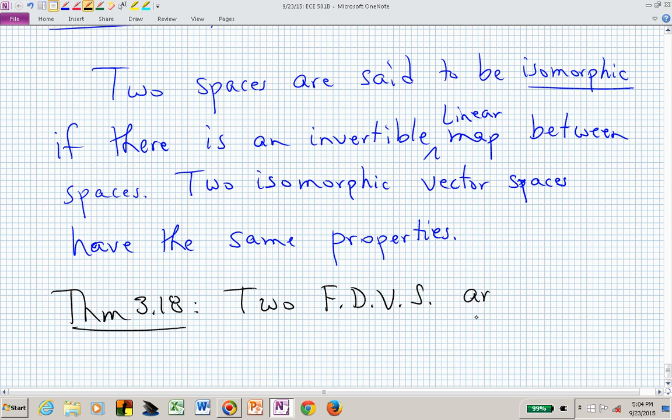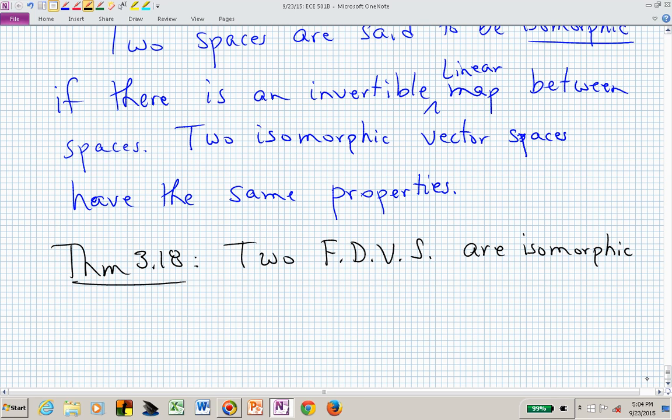Two finite dimensional vector spaces are isomorphic if and only if those two vector spaces have the same dimension.